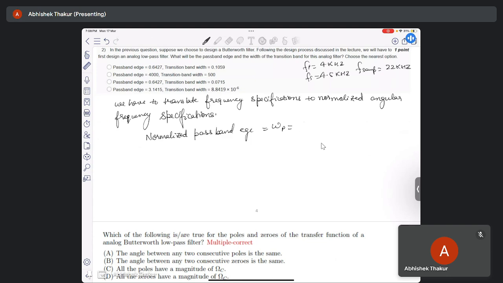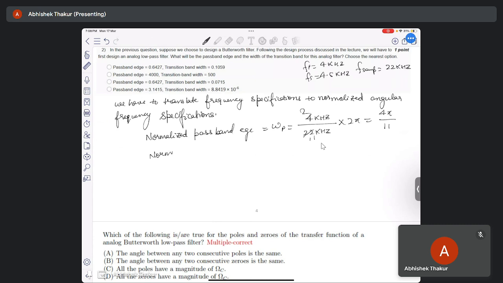So omega p is equal to 4 kilohertz divided by 22 kilohertz into 2 pi. After that we will get 4 pi by 11. So this is the normalized passband edge.